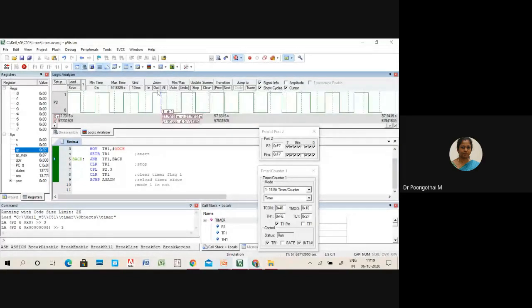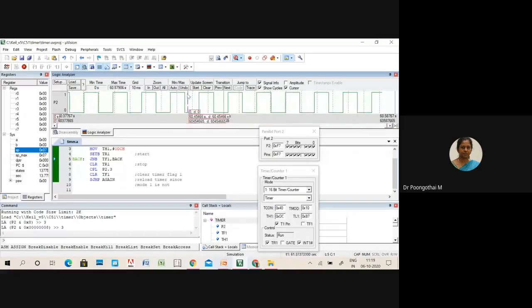Let's measure the frequency. Stop the waveform and place the cursor here. The frequency is around 53.49 hertz, so the time period is, instead of 20, 18.695 milliseconds.